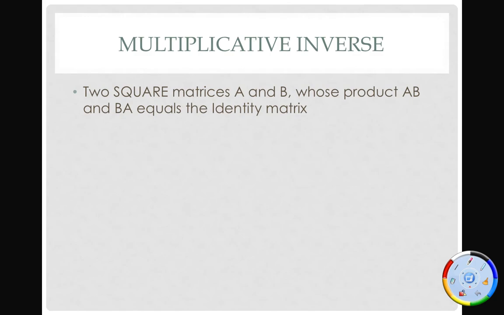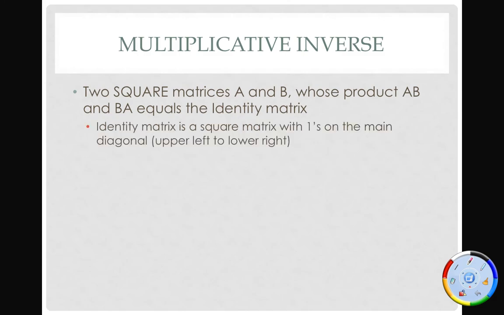If you took 2 square matrices and their product was what we call the identity matrix, then they are called inverses of one another. And the identity matrix is a matrix where ones are on the main diagonal and the rest of the matrix is filled in with zeros.